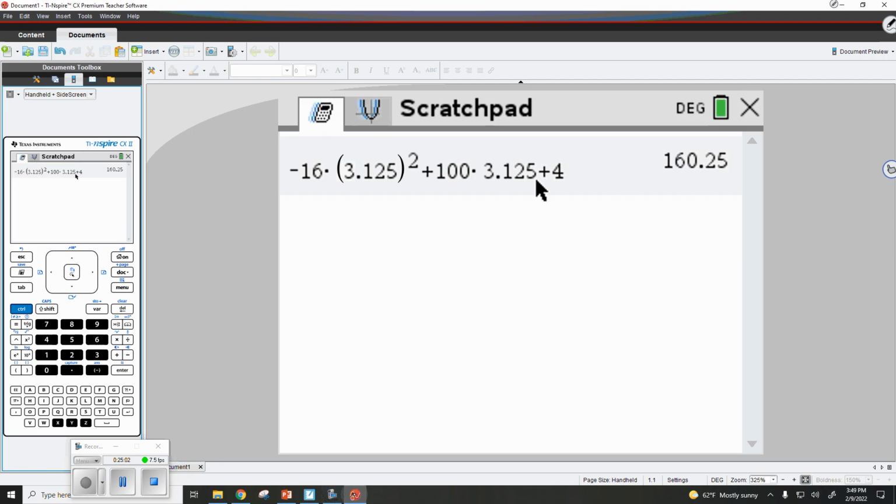There we go. Okay, that's not what I want. So negative 100 plus root.